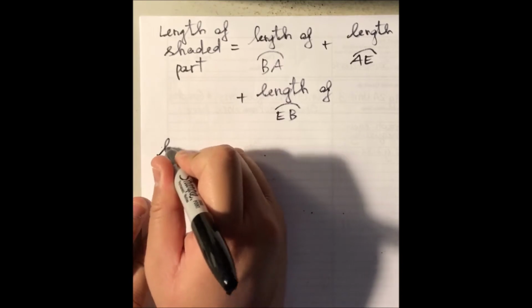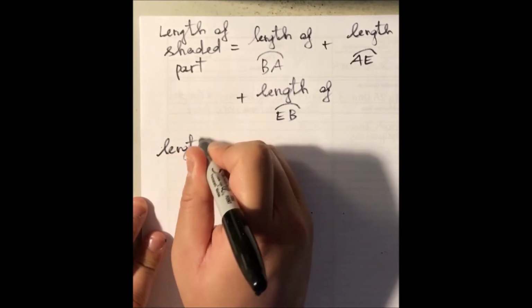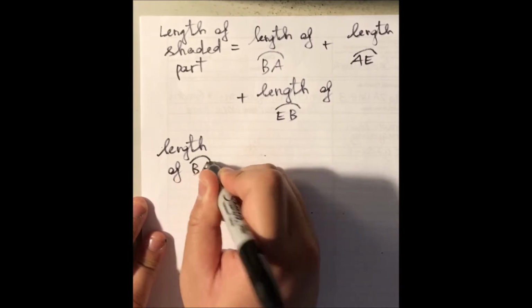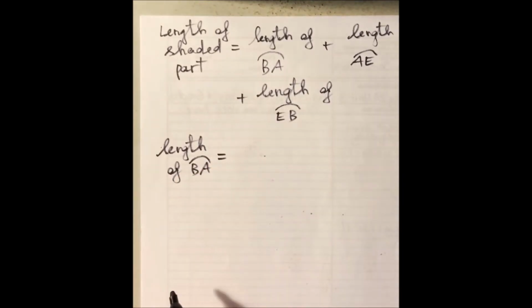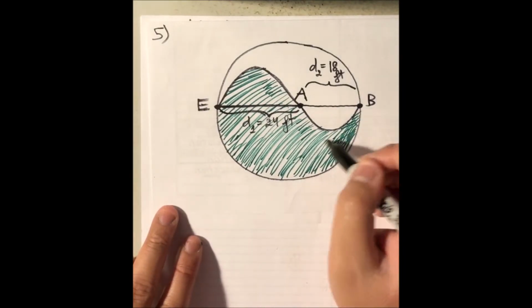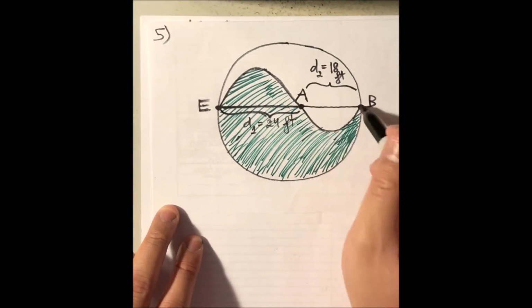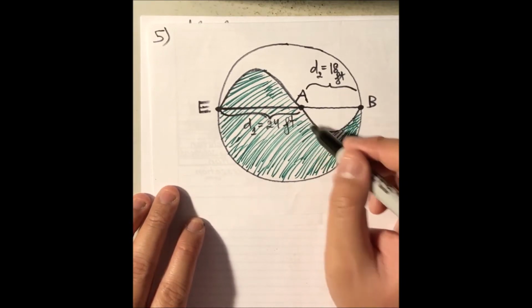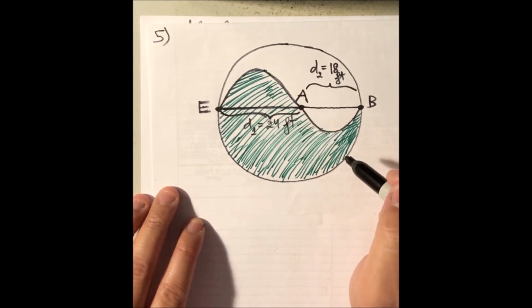So the length of BA is going to be equal to what? Well, let's see. If we take a look at the minor arc BA, it looks like a little small semicircle. So we know that the central angle of a semicircle is 180, okay?